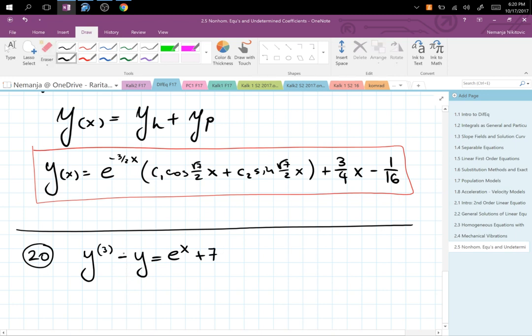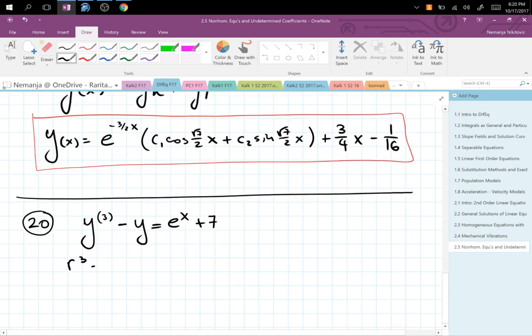This is problem number 20 in your textbook. The left-hand side is r cubed minus 1 equals 0. To factor this, we know we can take r minus 1 as a factor, right? So we have r equals 1 as a solution, which gives us r minus 1 as a factor, and that divides into r cubed plus 0 r squared plus 0 r minus 1.